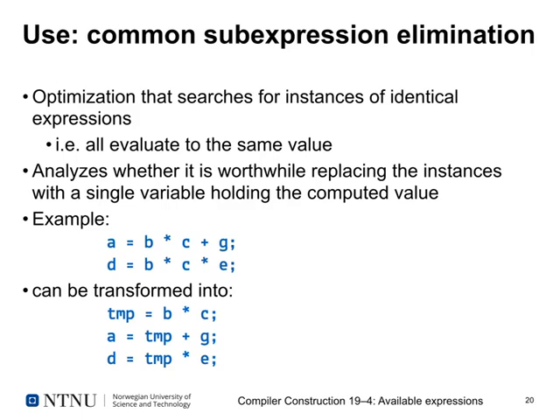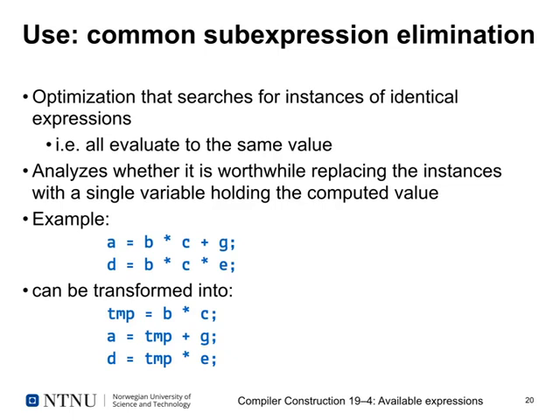And what can we use this for? One thing we can use this for is common subexpression elimination. This is an optimization that searches for instances of identical expressions, so expressions that all evaluate to the same value. This optimization analyzes whether it's worthwhile to replace the instances with a single variable that holds the computed value.